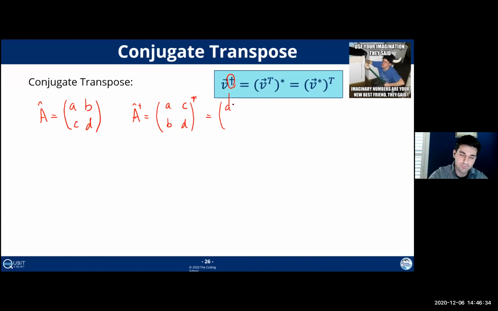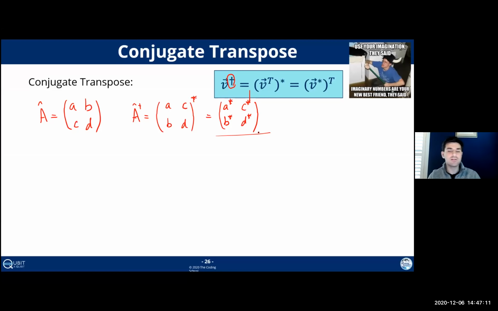So I'm going to have A star, C star, B star, and D star as my elements. So again, given A as this ABCD matrix, the matrix for A dagger looks like what we have over here.